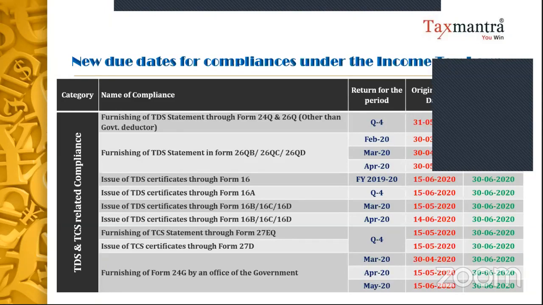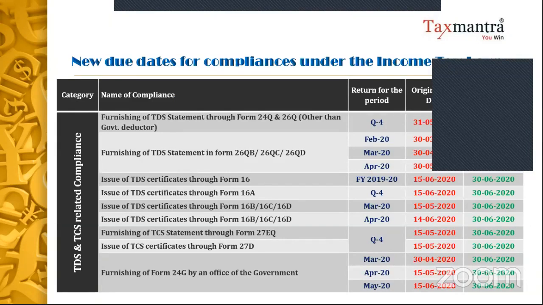Any tax deductor deducting tax on the sale of property needs to furnish the TDS return through Form 26QB. If any tax deductor has deducted TDS on rent, then it will be covered in 26QC.